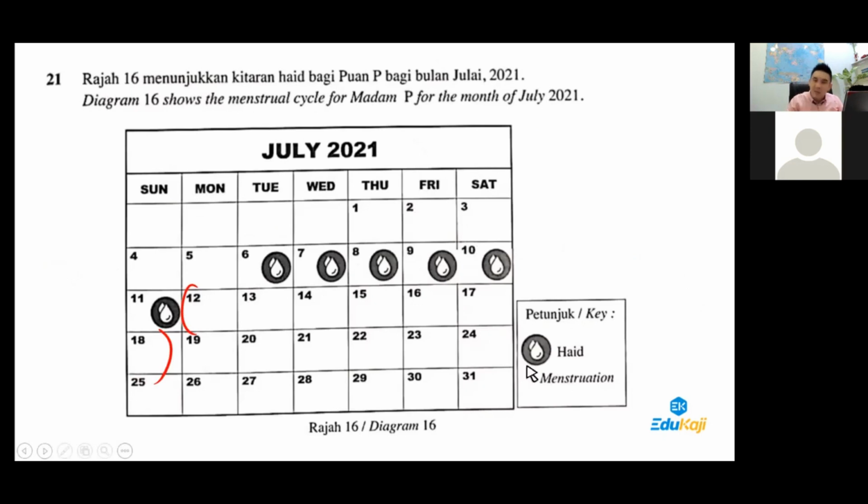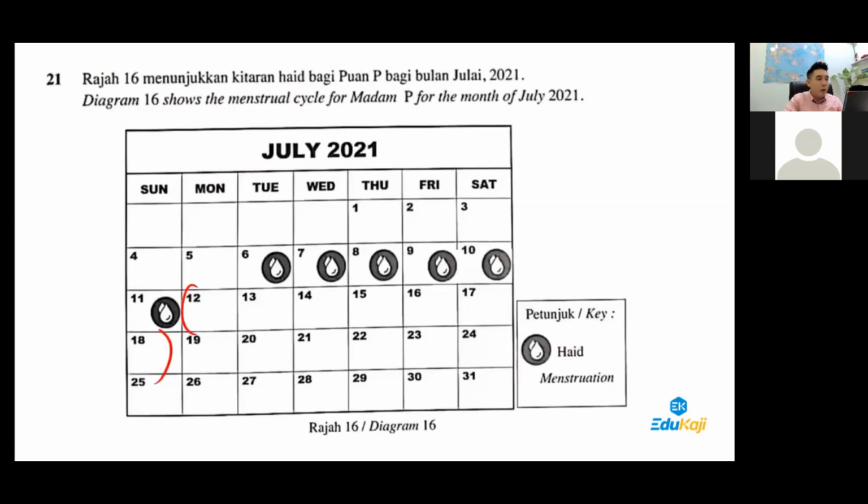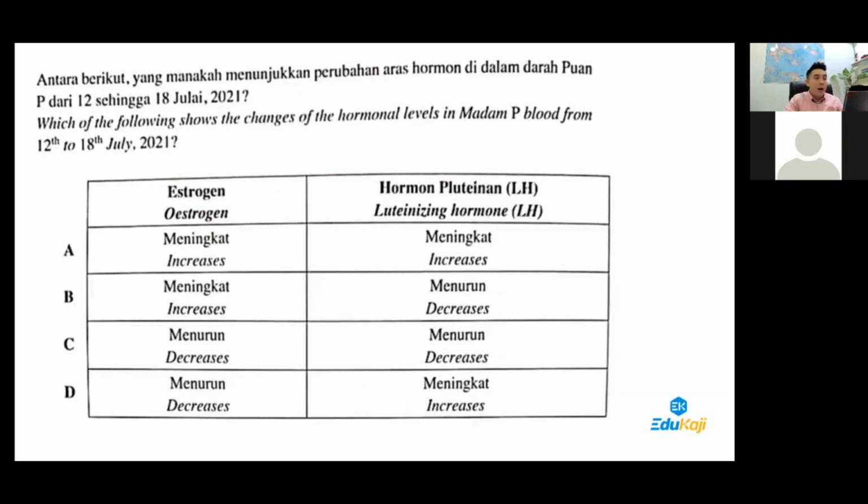Just to make it easy for you, this is the period. After the period, what hormone is released to thicken the endometrium? Obviously, the estrogen. And LH will also increase because when the wall is built, after that ovulation occurs. So number 21 answer is A.